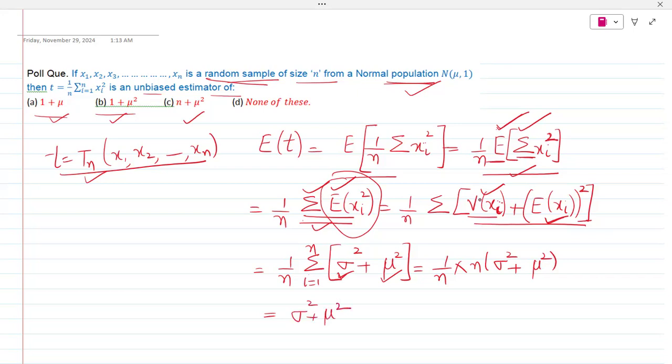And what is sigma square here? Actually, this one is our sigma square, so this is 1 plus mu square.